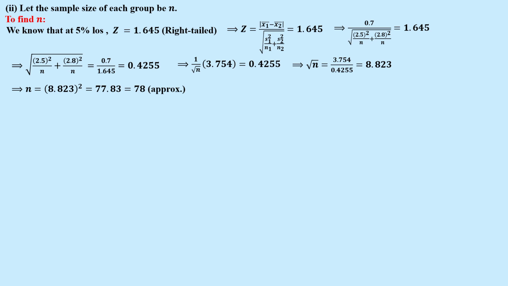In the previous case you had 111, now n is 78, so the increase is 78 minus 50, that is equal to 28. In the previous case it was 61. Note that. Thanks.